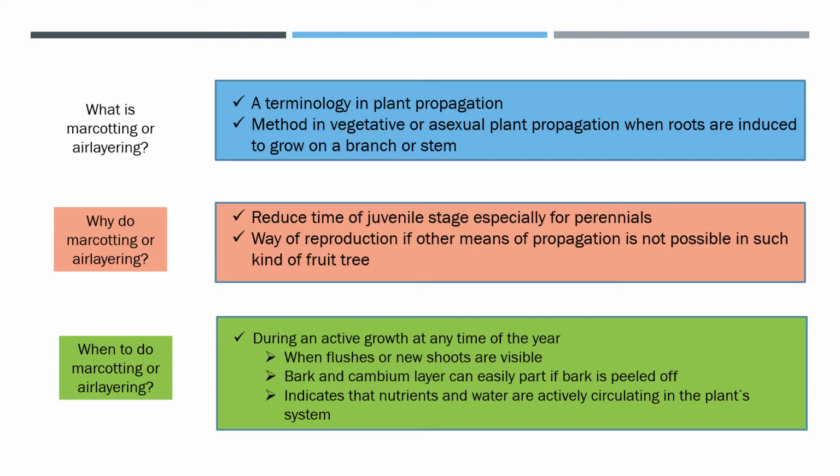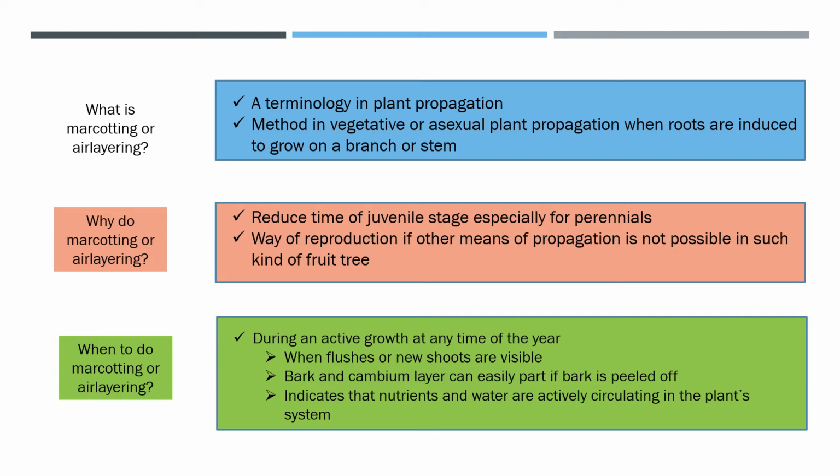When there are new shoots, which we also call flushes, visible, then you know that the tree is actively growing. So if you marcot, the bark and cambium layer can easily part when you peel off the bark. And this indicates active growth, that nutrients and water are actively circulating in the plant's system.